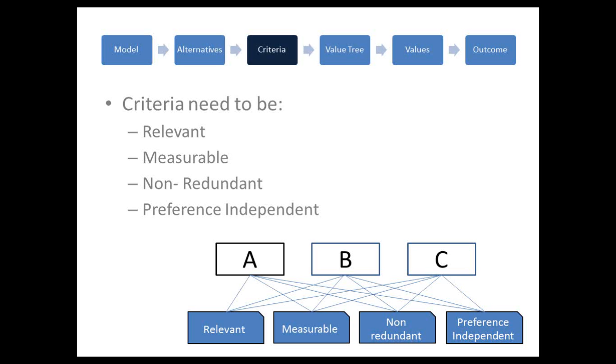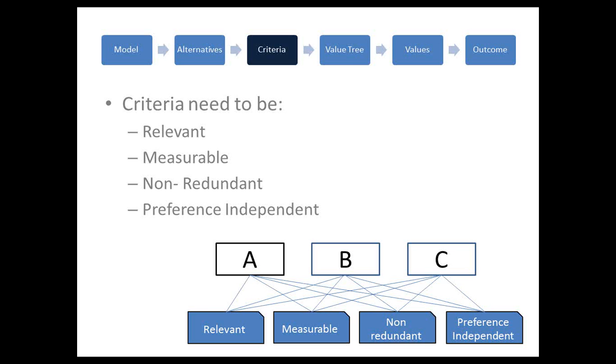For instance, the color of the hospital on the outside might be something that differs between the alternatives that you're considering, but not one that is relevant for you in choosing a preferred hospital.